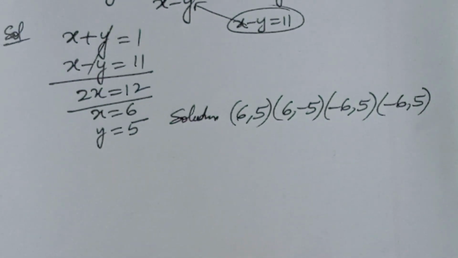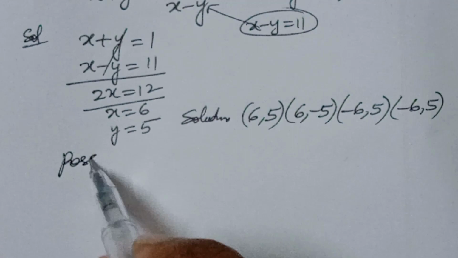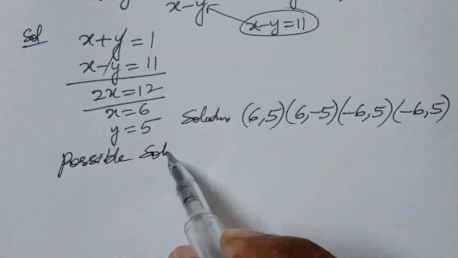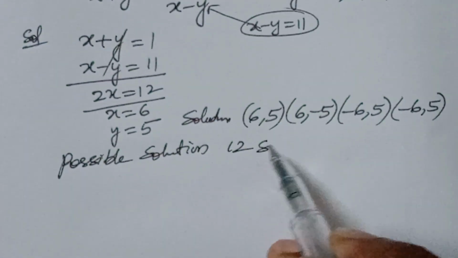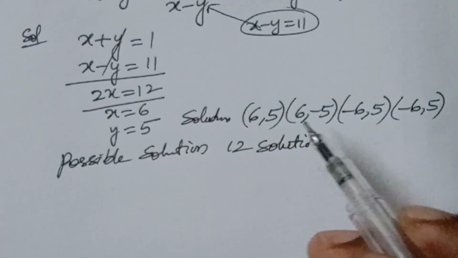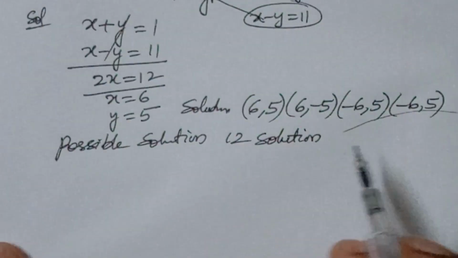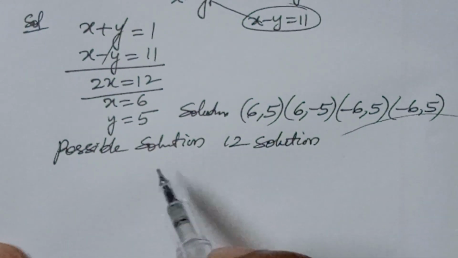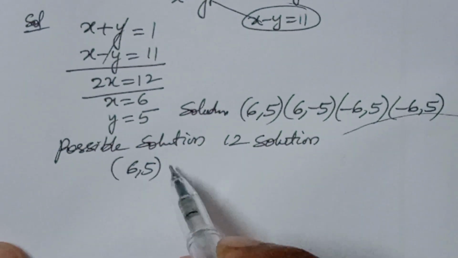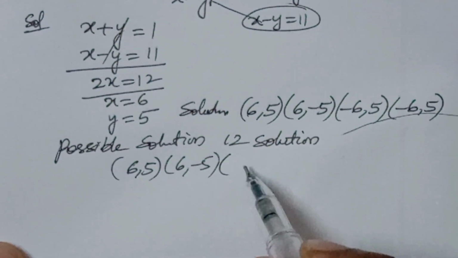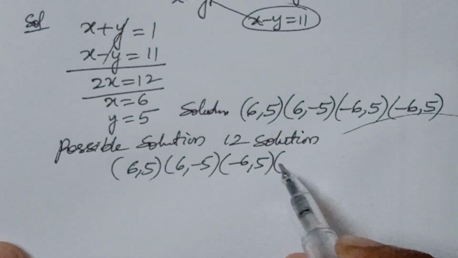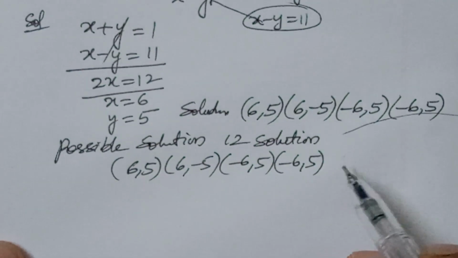Now possible solutions, we are getting 12 solutions. All the solutions I am writing here. So what are the possible solutions you are getting? 6 comma 5, 6 comma minus 5, minus 6 comma 5, minus 6 comma minus 5.